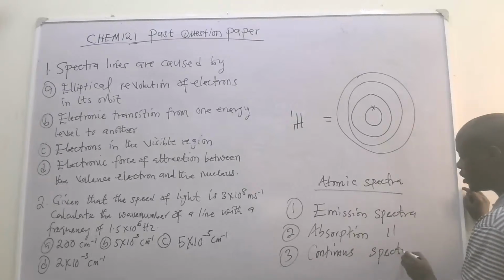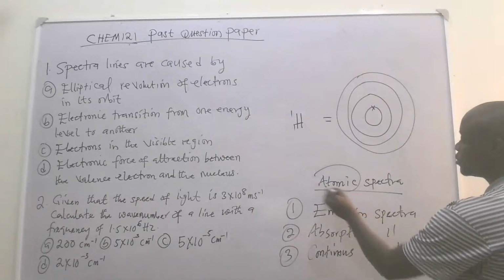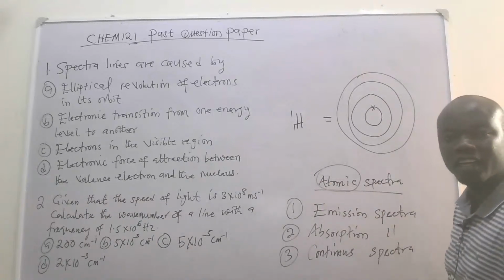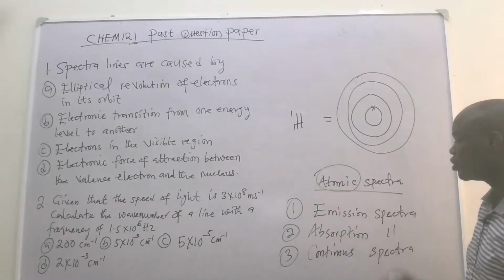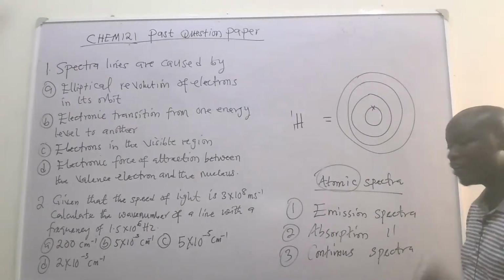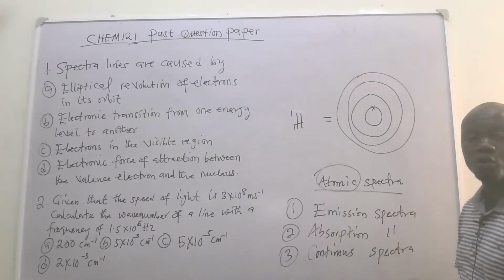From the word atomic spectra, it means that the spectra is for the atom. It does not apply in molecules or in a compound. We are talking about an atom.